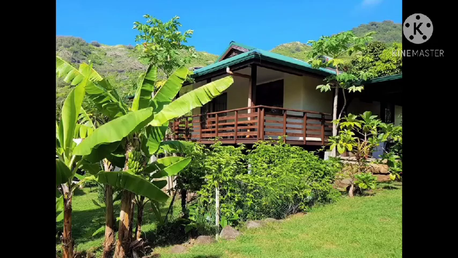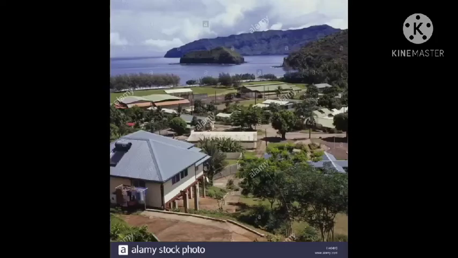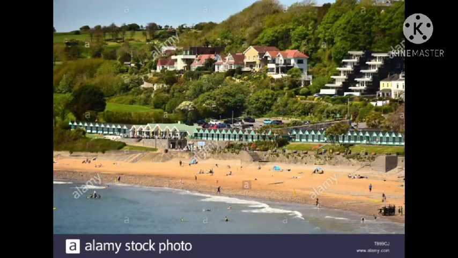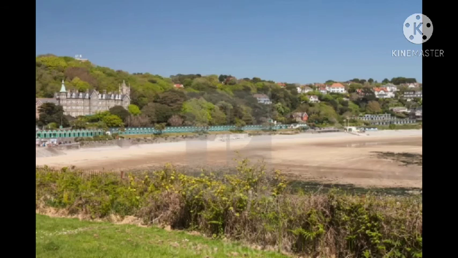Due to heavy rain, the roofs of the houses in the coastal plains are sloping. A gently sloping strip of land bordering the sea, usually composed of sand and gravel, is called a beach.